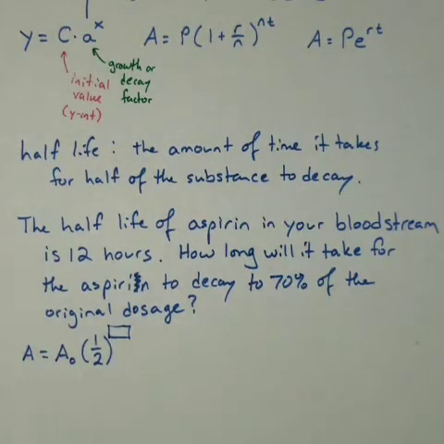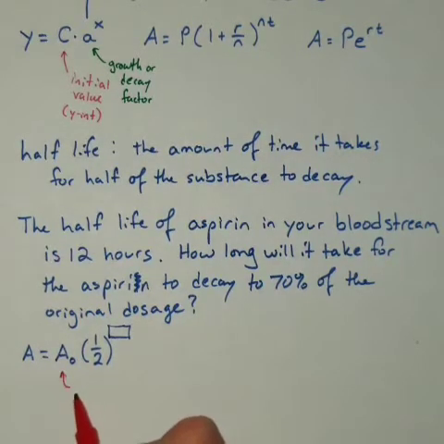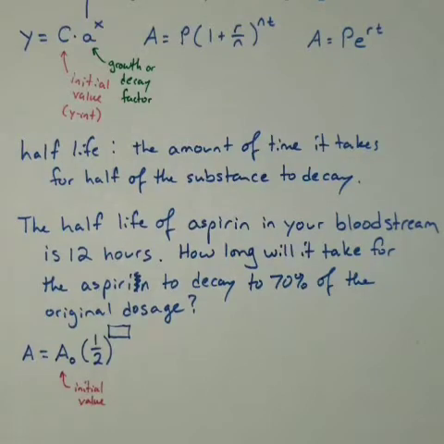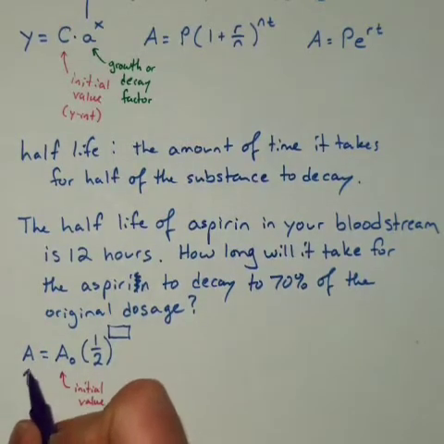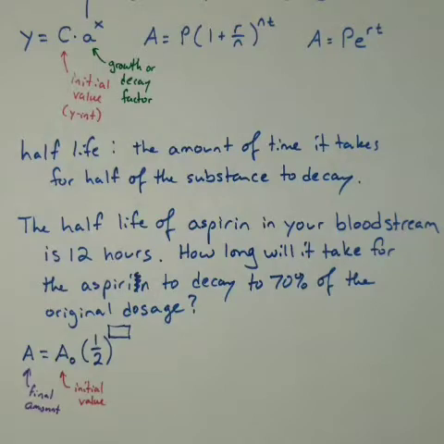Now I just want to point out that this A sub 0 is the initial value, and the A on the other side is actually the final amount.